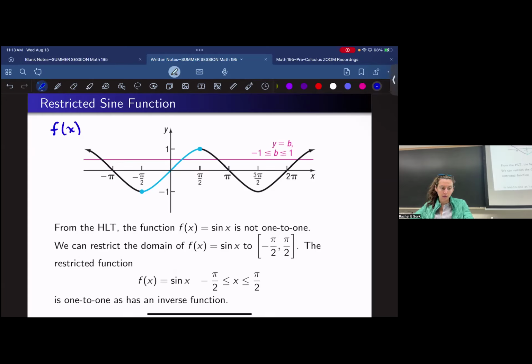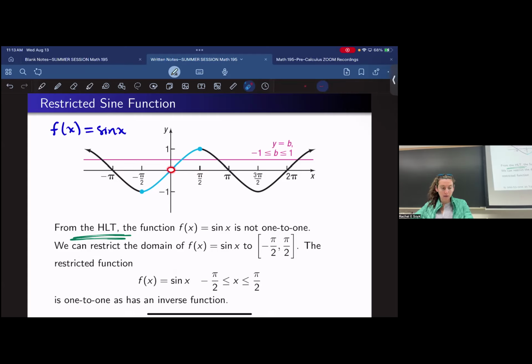So this is our f of x is equal to sine of x. And we want to pick some good bounds that represents our function well, but then also passes the criteria of it being one-to-one, so it passes our horizontal line test.